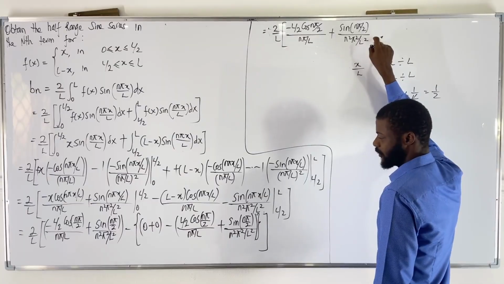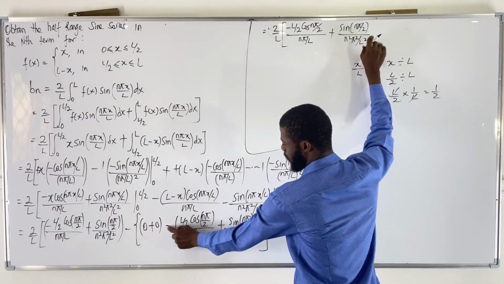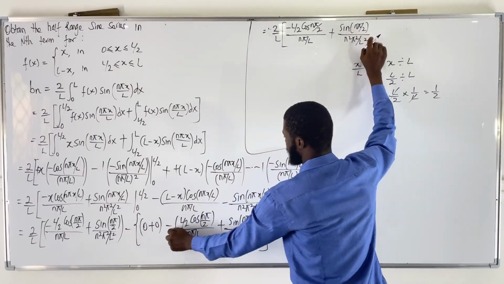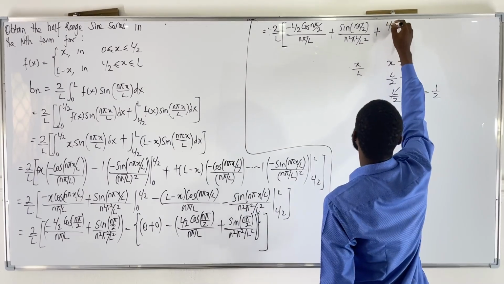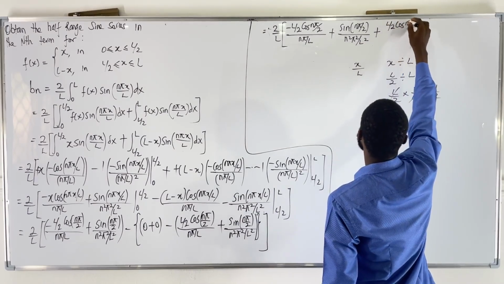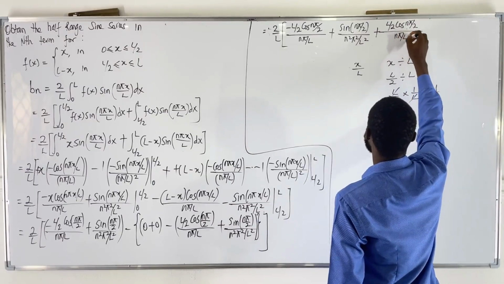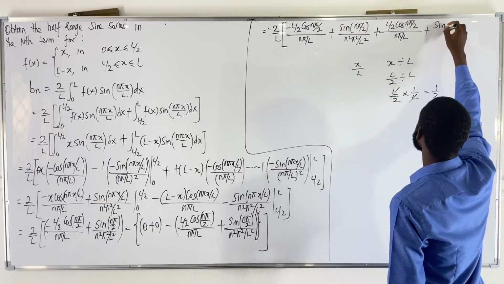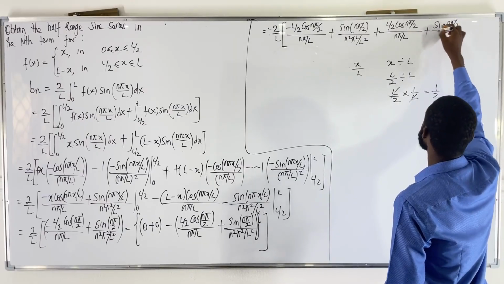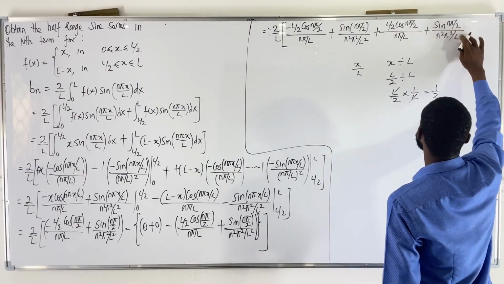And now let's do something. This is negative, so minus here will give us plus. So this will be plus everything here: L over 2 cos n pi over 2 over n pi over L, and then plus sine n pi over 2 divided by n squared pi squared over L squared.